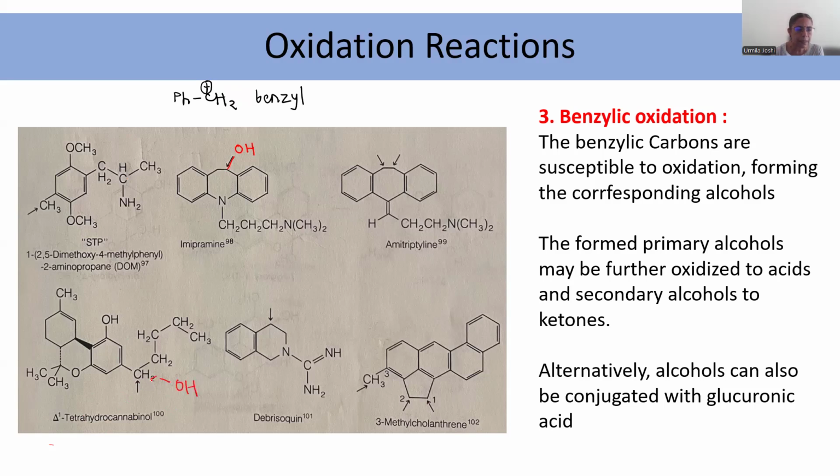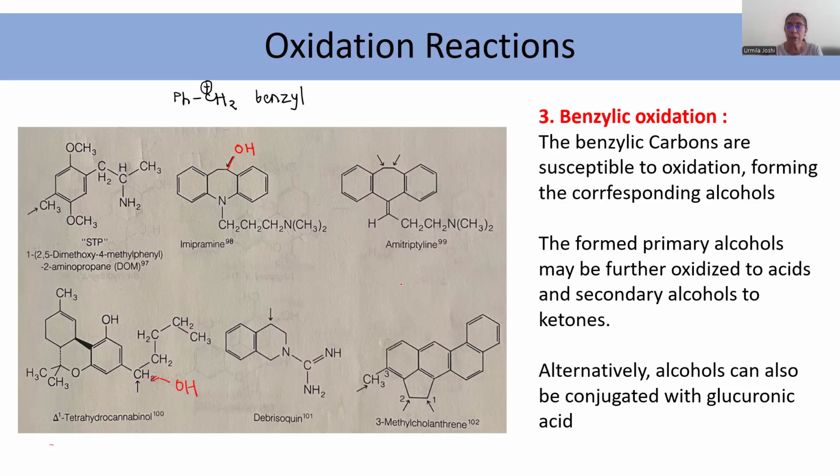One H is replaced, so it is converted to CHOH. So identify the benzylic carbon and please know that the benzylic carbon is oxidized by attachment of OH.